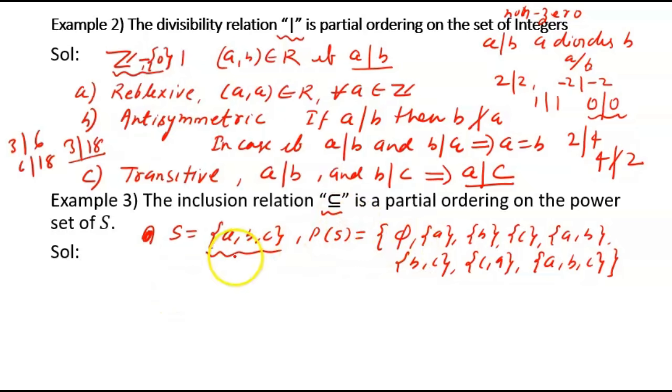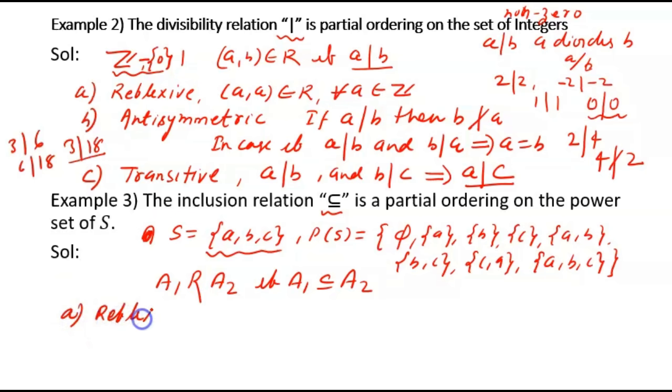Now suppose we are taking 2 subsets. Let me call them A1 and A2. I am saying that A1 is related to A2 if A1 is a subset of A2. So this relation is a partial ordering. And why is it a partial ordering? Because it is reflexive. Why is it reflexive?